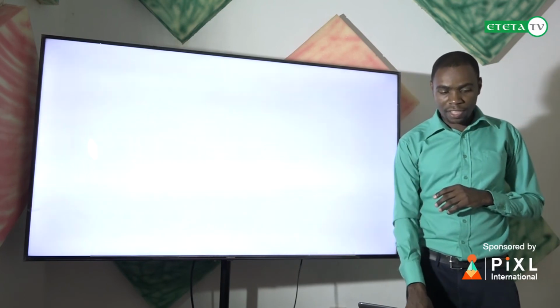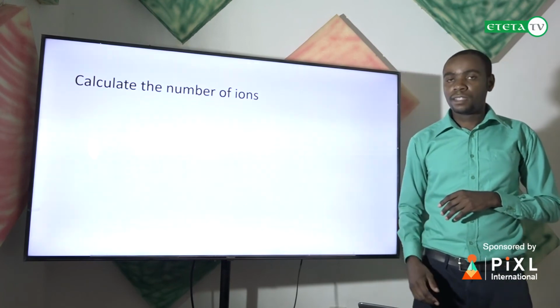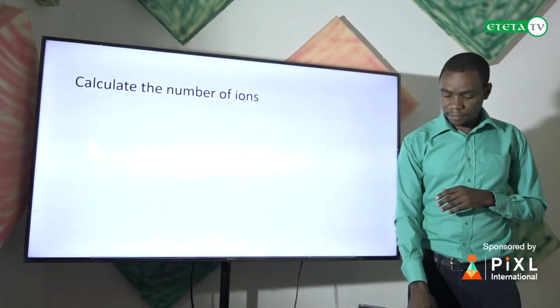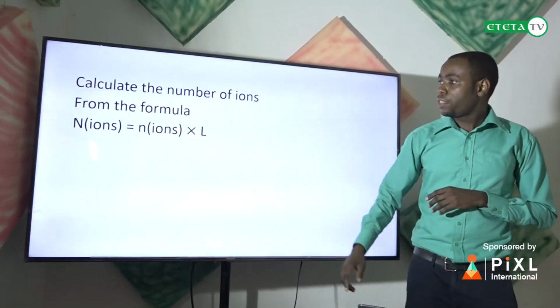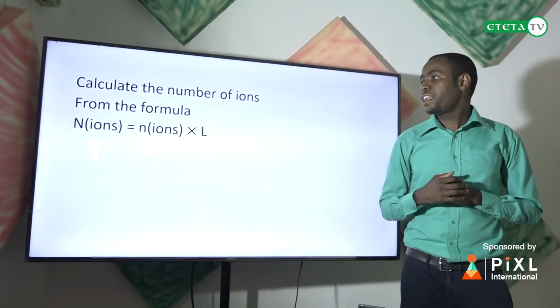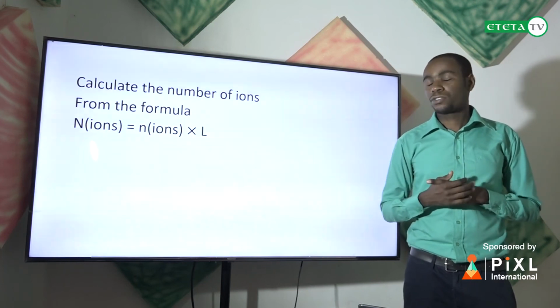What is required is to calculate the number of ions. How possibly? This can be calculated by using this formula. The number of ions is equivalent to the number of moles of ions multiplied by Avogadro's constant.